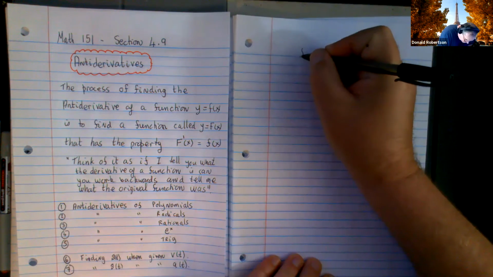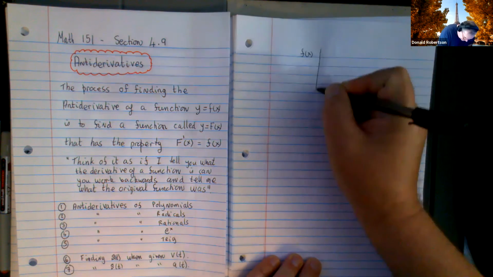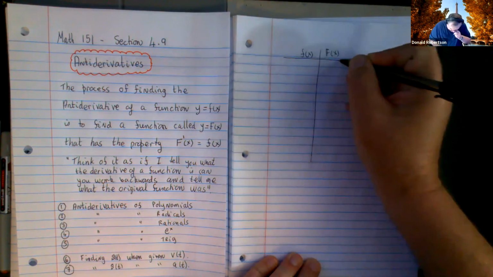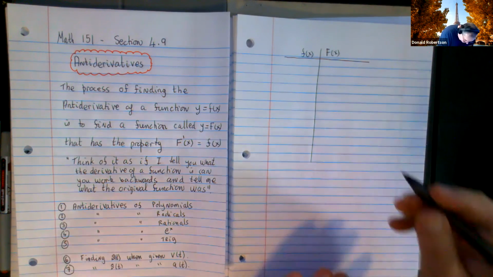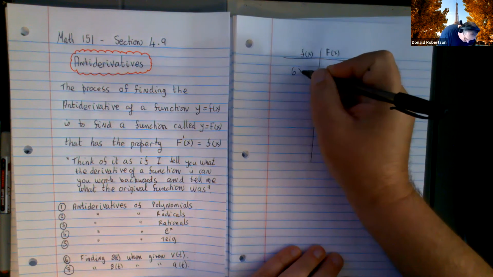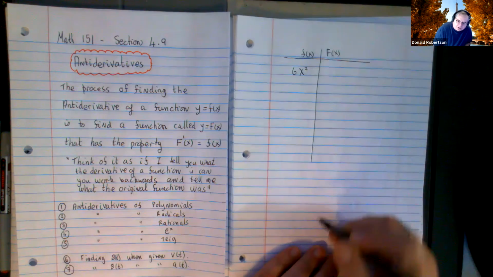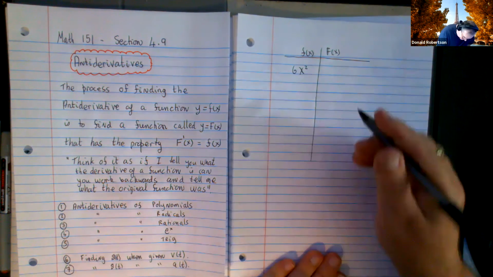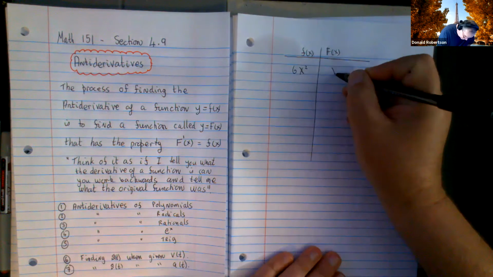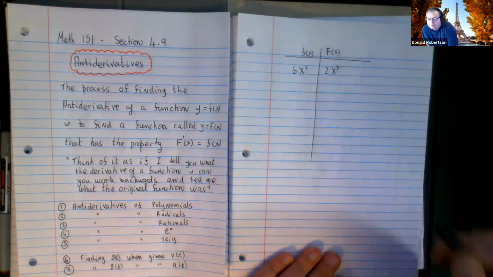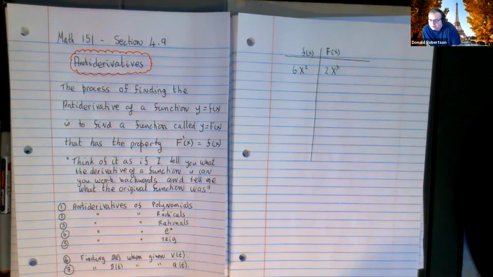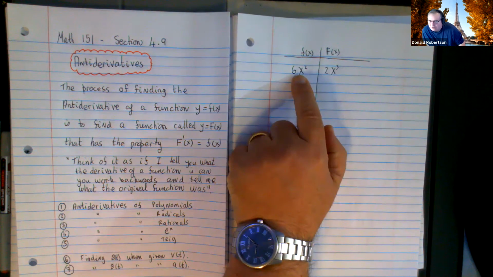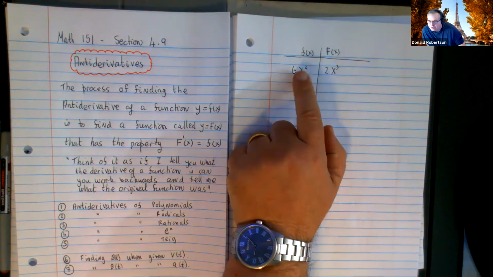So here are some functions, and here is what the antiderivative looks like. So for instance, if the original function is 6x squared, its antiderivative would be 2x cubed. What would you need to start with to have this as a derivative?